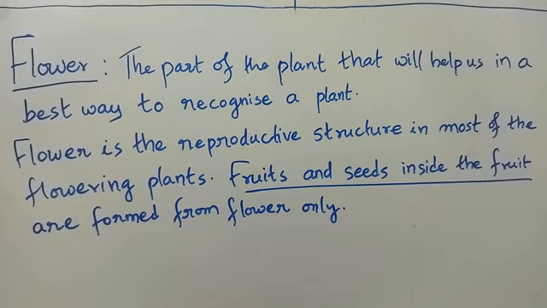Instead, they are present as groups of flowers or inflorescence. They are marigold, chrysanthemum, sunflower, etc. So, if you are watching a sunflower, they are saying it is a single flower. It is not single flower. Instead, it is a group of flowers. Okay.